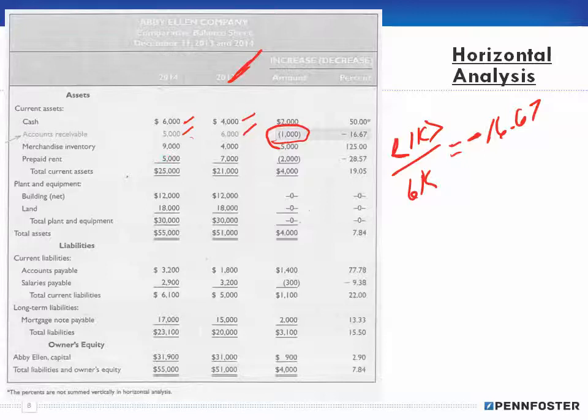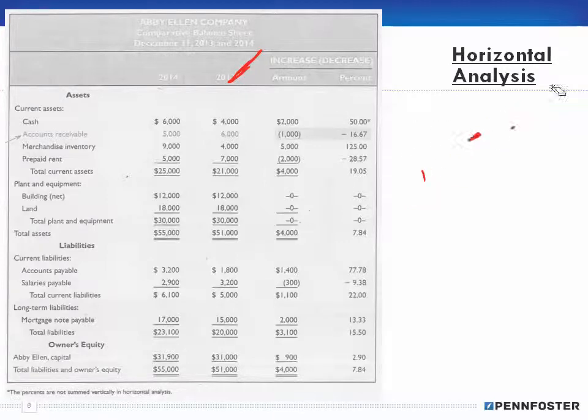And as one more example, there's a reason why I'm going through these further examples. With the cash, I showed you what an increase looked like, and with the accounts receivable, this is what a decrease looked like. But now notice for the merchandise inventory, I started out with 4,000 and it increased to 9,000, which was an increase of 5,000, so that's the amount.